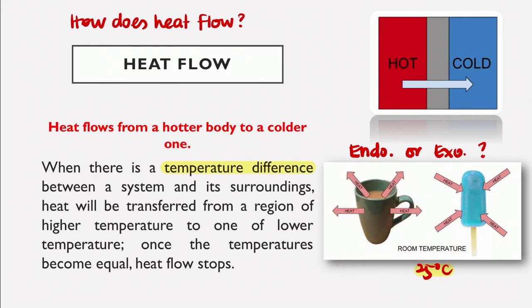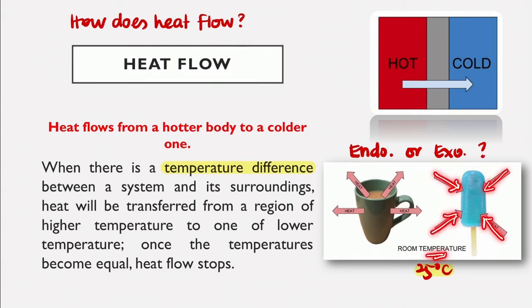As for this one, we have an ice cream. The ice cream will be cold, and the surrounding is room temperature, so the ice cream is the system. What will the ice cream do? It will melt in room temperature. What made it melt? Heat from your surrounding is absorbed by your system.